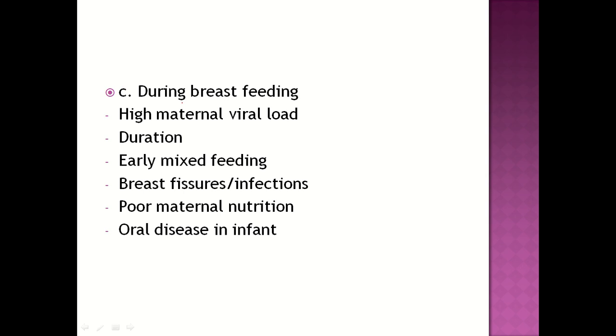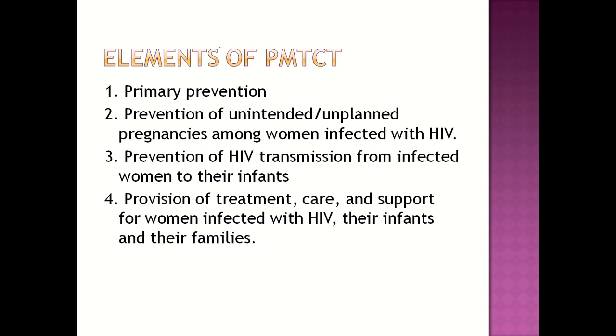Next are risk factors during breastfeeding. So we have high maternal viral load, duration, early mixed feeding, breast fissures/infections, poor maternal nutrition, and oral disease in infants. So what are the elements of prevention of mother-to-child transmission?